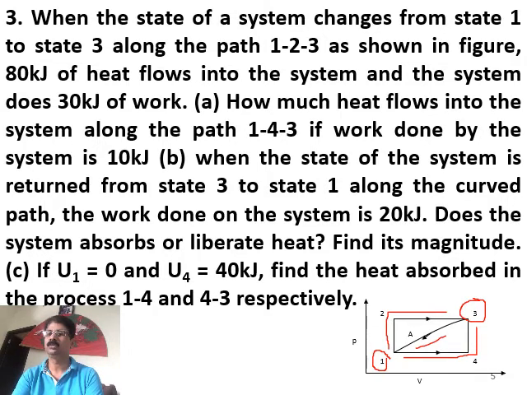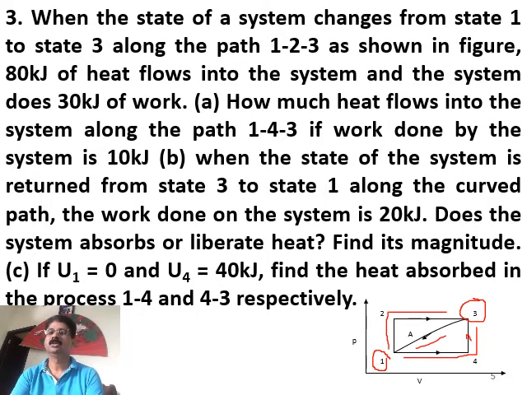So 1 to 2 is a constant volume process. Similarly 4 to 3, so your arrow mark has to be in this direction. So 4 to 3 is also a constant volume process. And 2 to 3 and 1 to 4 are the constant pressure processes, and there is a curve, some other process through which the system moves from state 1 to state 3, that is 1A3.